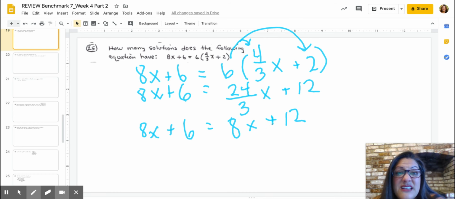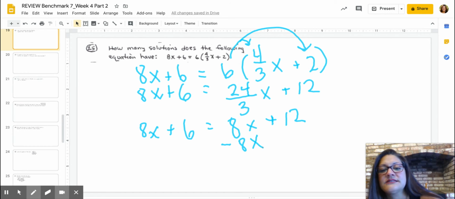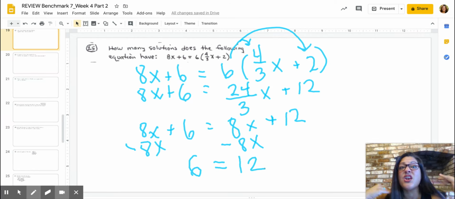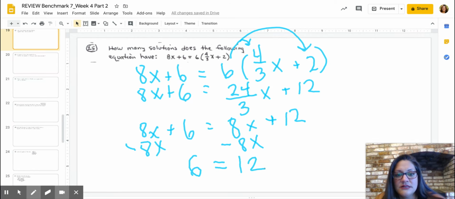Well, look at this. Let's get rid of those 8x. If I subtract 8x from both sides, then that leaves me with 6 and 12, and they are not equal. 6 does not equal 12, so that means no solution for you.